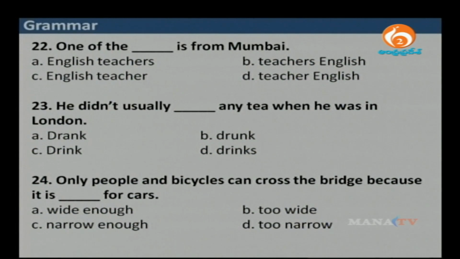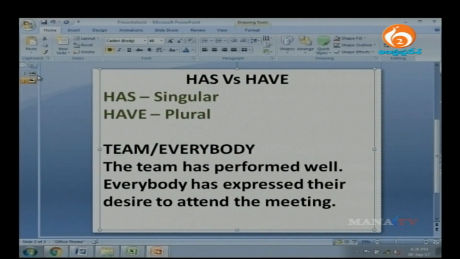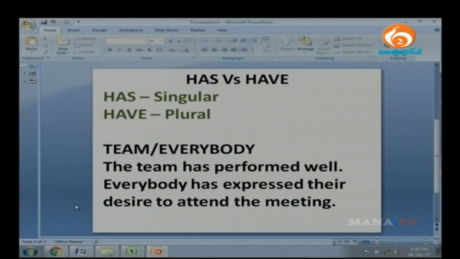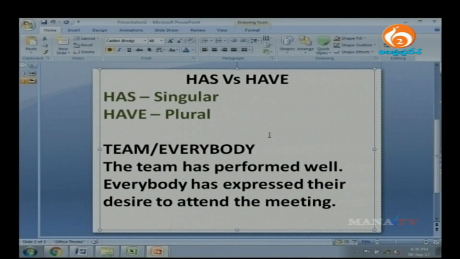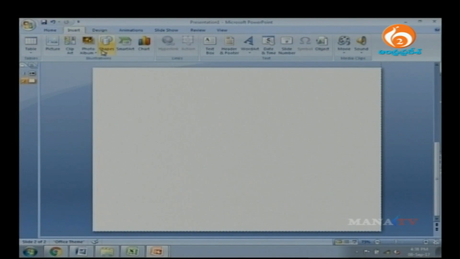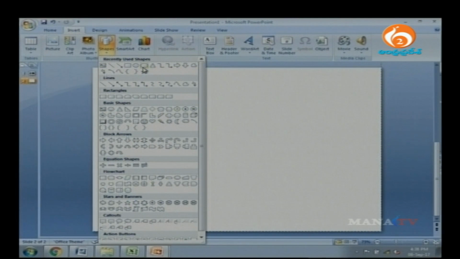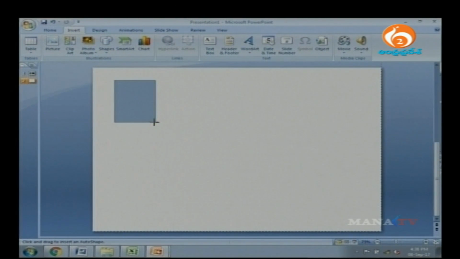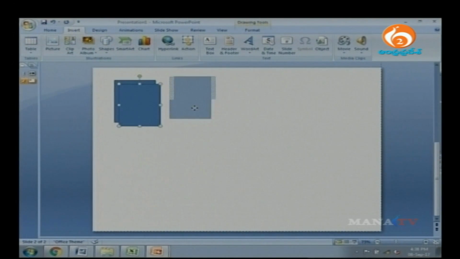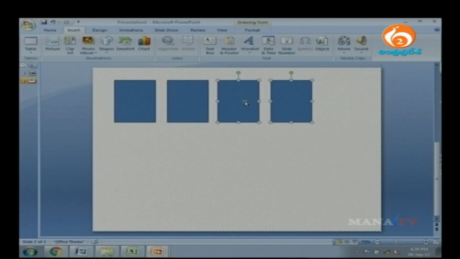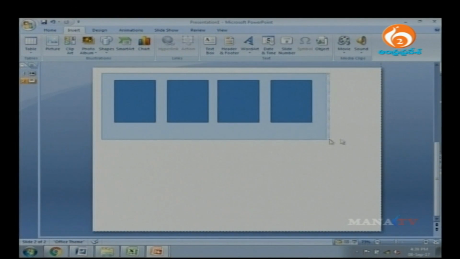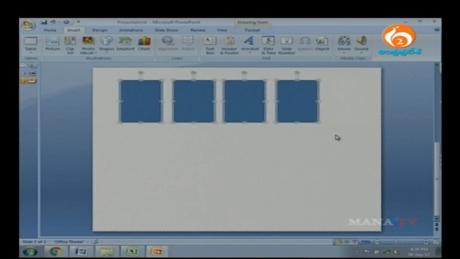Now, to illustrate the answer, I would need a blank screen here, just a moment. I want to tell you in a proper way so that you will never forget. Okay. Imagine there are 4 blocks and all these blocks are blue in color.